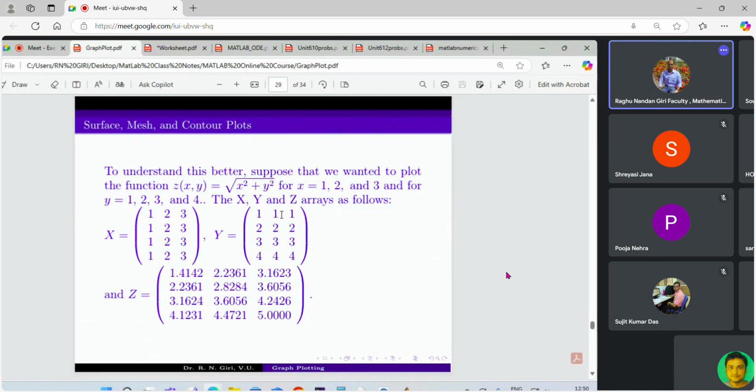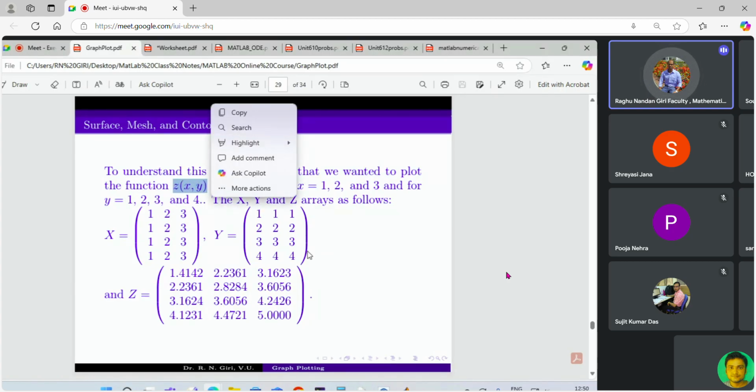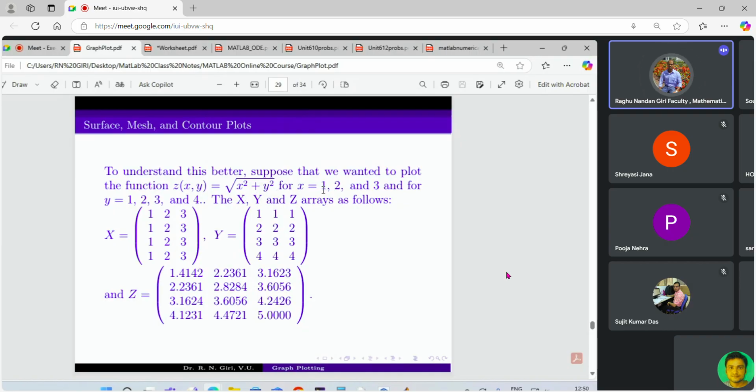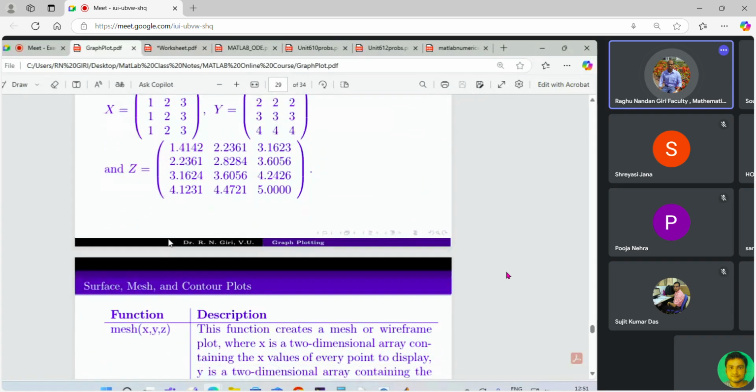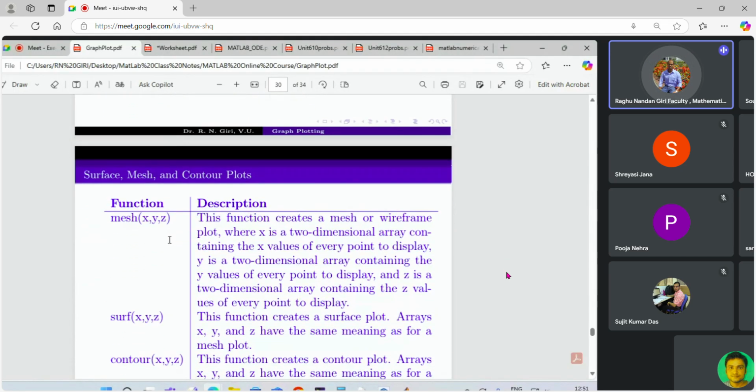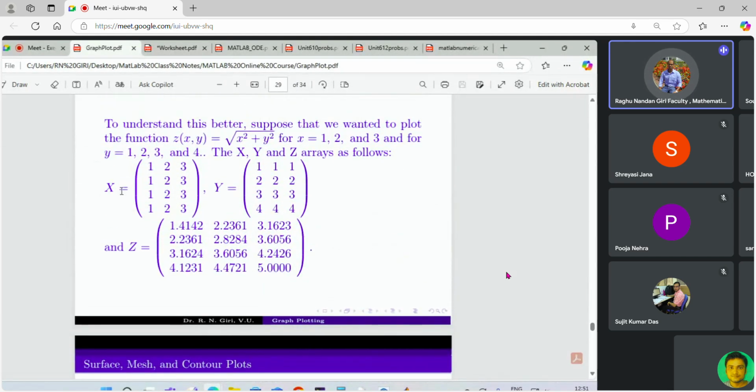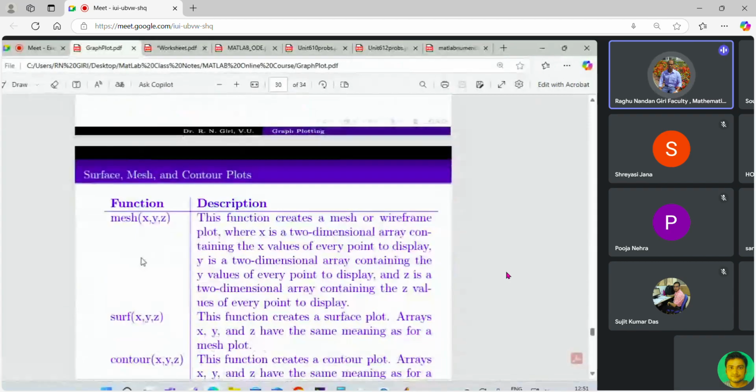So in a 3D figure, we have to calculate this. See, there is a function z(x, y) equal to the square root of x square plus y square, with x equal to 1, 2, 3 and y equal to 1, 2, 3, 4. Then the x matrix is this, the y matrix is this, and the z value is this. So we have to form the arguments as matrices x, y, z.